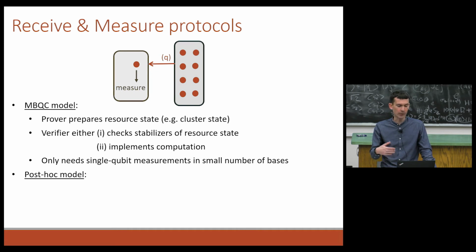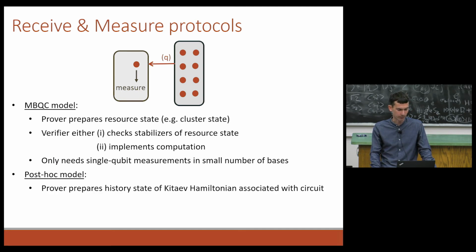Instead, I want to talk about something that's sometimes referred to as the post-hoc model, or this Hamiltonian model, because it's also the model that we're going to be able to bring all the way to classical verification under computational assumptions. In that case, at a high level, the device is not asked to run the circuit or anything. It's asked to prepare the ground state of a certain local Hamiltonian that's derived from the circuit, and send this ground state to us one qubit at a time.